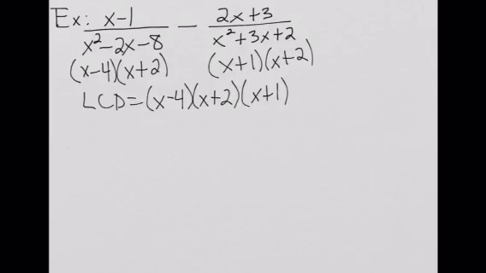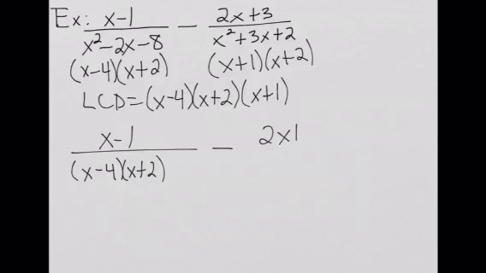Okay, and so now I'm just going to rewrite each one over its factored form. So x minus 4 and then x plus 2, and then minus 2x plus 3 over its factored denominator with x plus 1 and x plus 2.